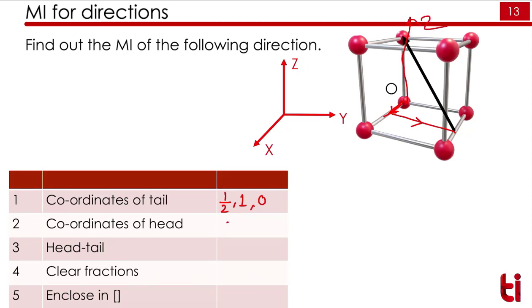So it will be 0, 0, 1. Head minus tail will be minus half, minus 1 and 1. Clear fractions: minus 1, minus 2, 2. Close the parenthesis. So the Miller indices for this given direction are [-1 -2 2].